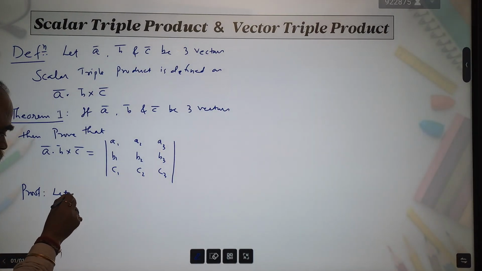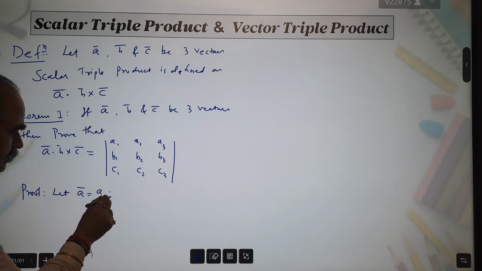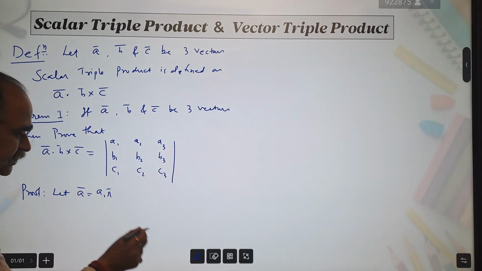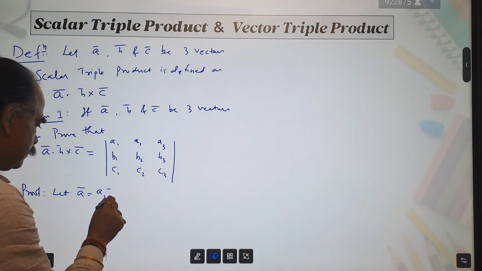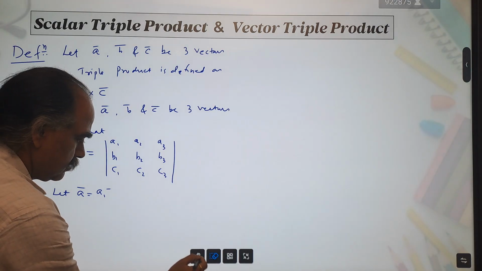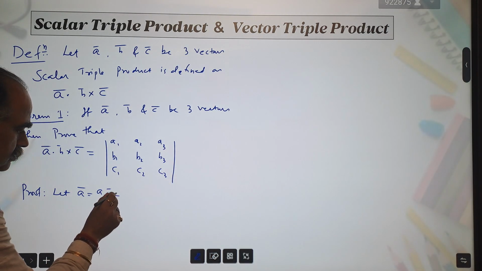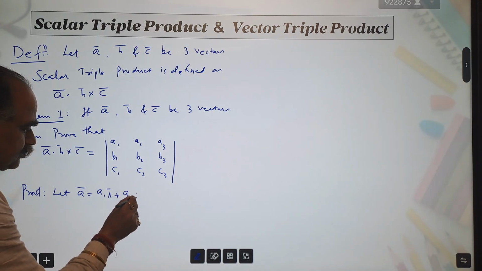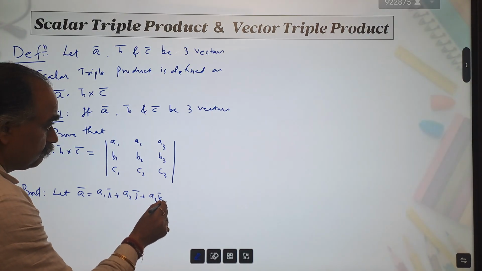Let A bar is what? A1i plus A2j plus A3k. B bar is what?